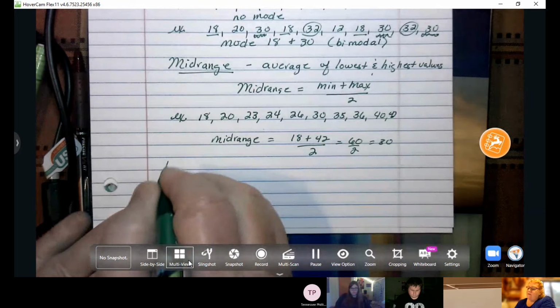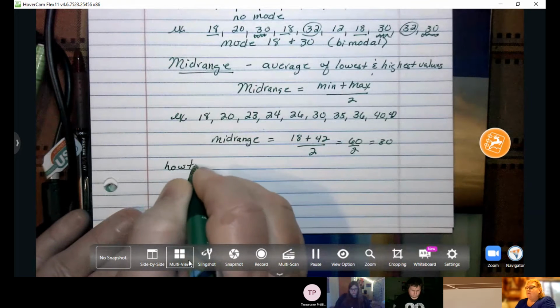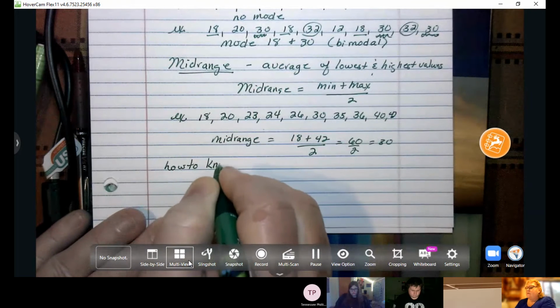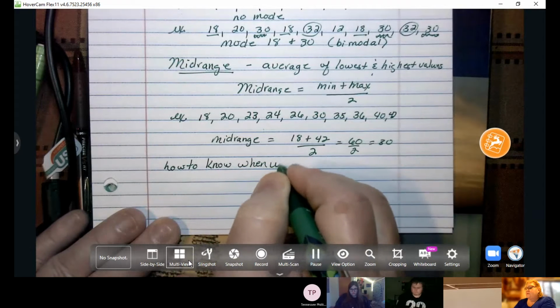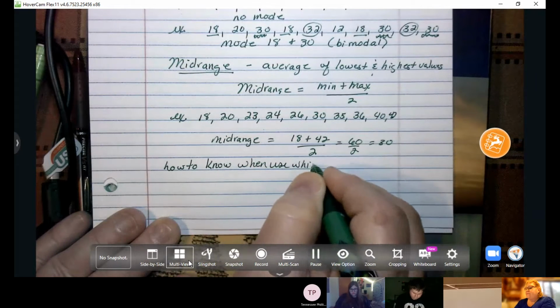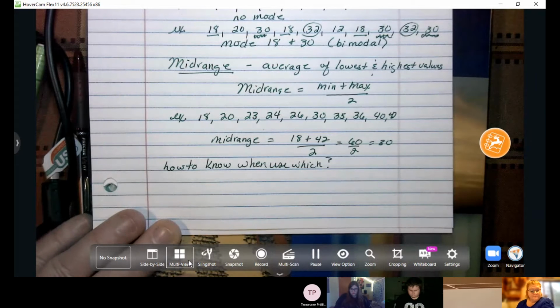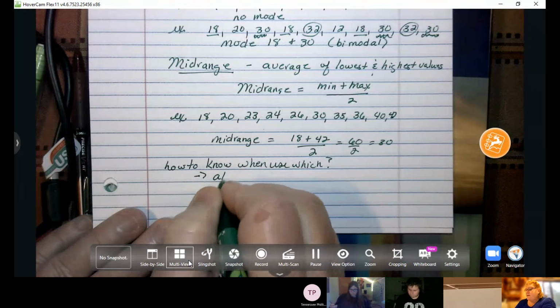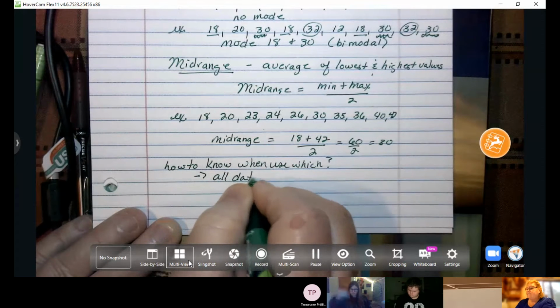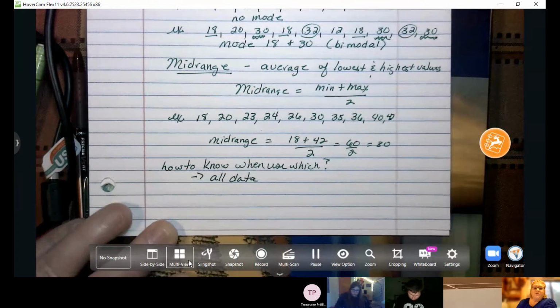Now, how do you know when to use which? If you need to use all the data, which one would you pick?